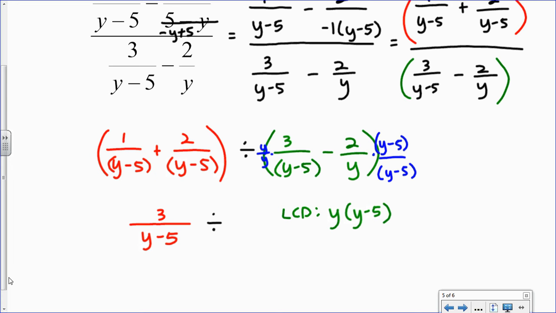So I have 3 times y, which is 3y over y minus 5 minus, and I want to make sure I'm distributing a negative 2. So I'm going to cross the line and change the sign there. So negative 2 times y minus 5.